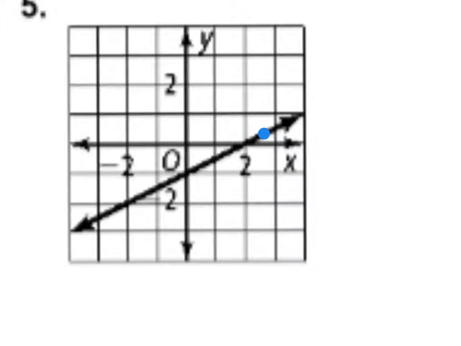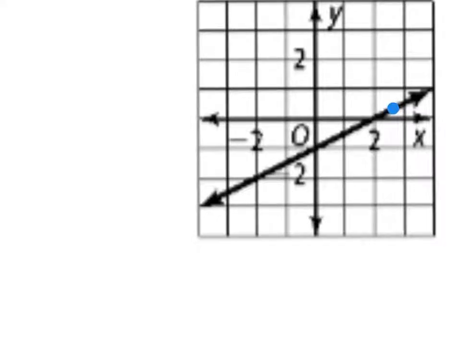Now, if you also remember, this arrow means that the line goes on forever and ever. If I were to continue that line, I'd keep going and going. And what number is that going to be? How far left is that?